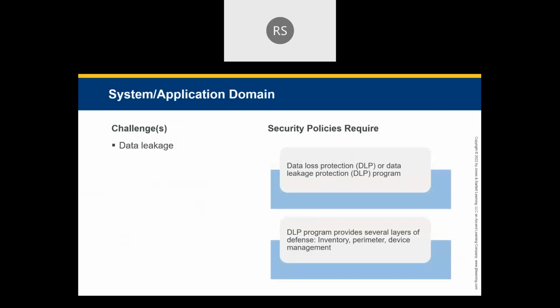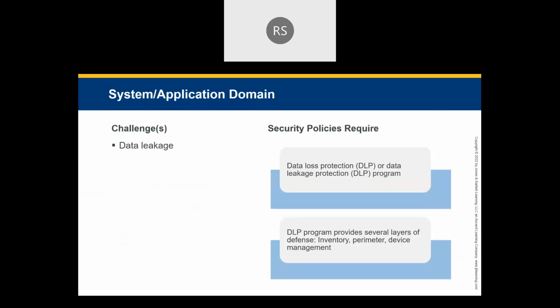So, to address the challenges of data leakage in the system application domain, the following security policies should be implemented: a data loss prevention or data leakage prevention program that provides multiple layers of defense to prevent data leakage.